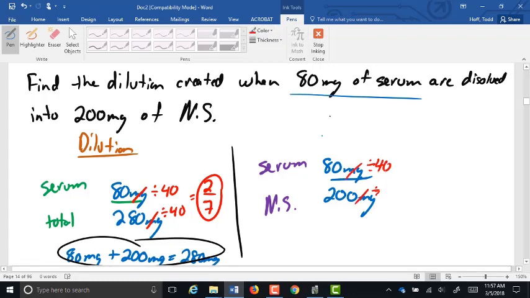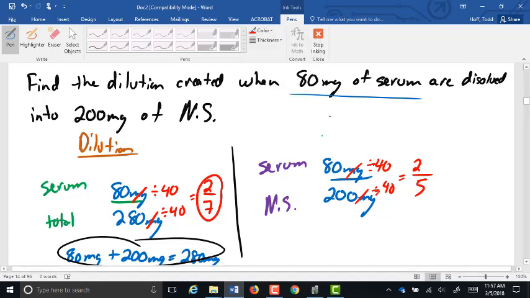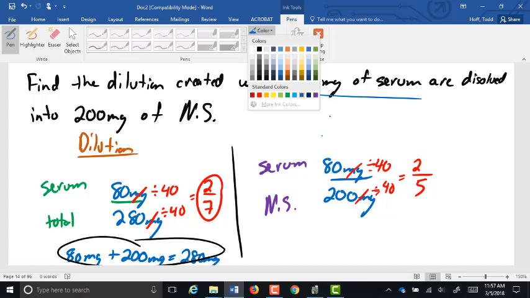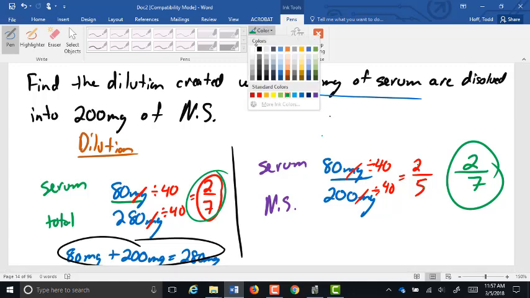Those are still both divisible by 40. 80 divided by 40 is 2. 200 divided by 40 is 5. Well, if it's a 2 to 5 ratio of serum to saline, that means there's 2 parts of serum. We add the 2 plus the 5 to get 7 total parts. So we get the same dilution again, no matter which way we approach the problem.